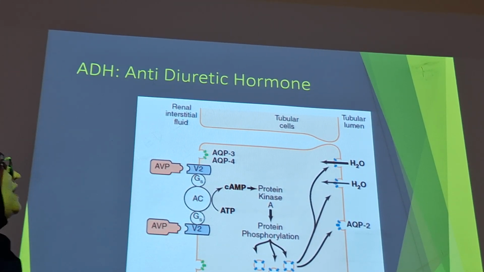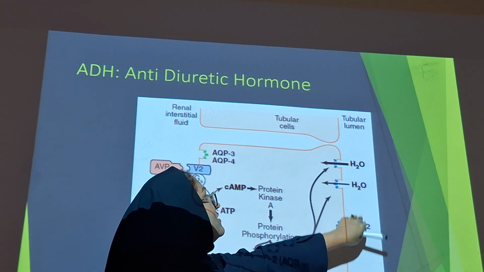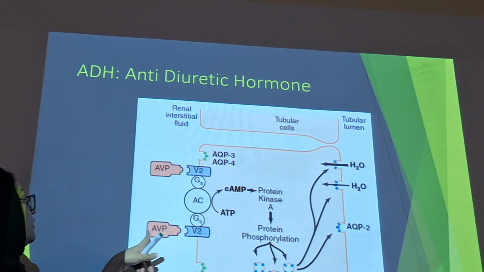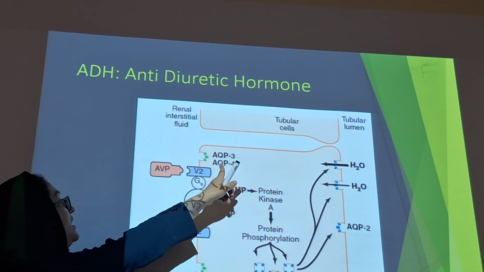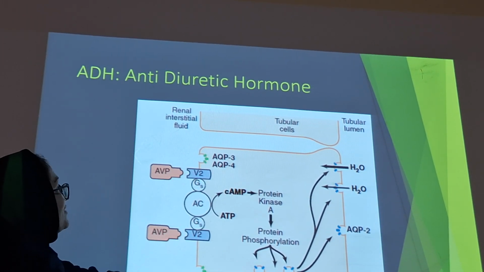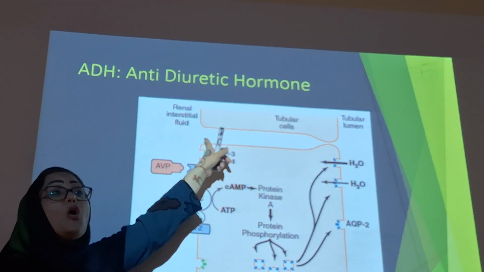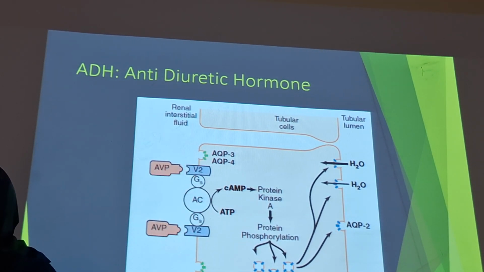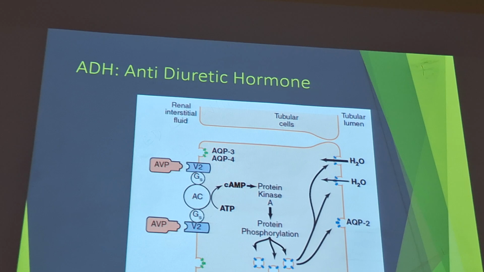And don't forget, aquaporin 2 in the apical membrane is sensitive to AVP or ADH. But in the basolateral membrane, you can see aquaporin 3, aquaporin 4. All the time they are present here. They are not sensitive to ADH or AVP.